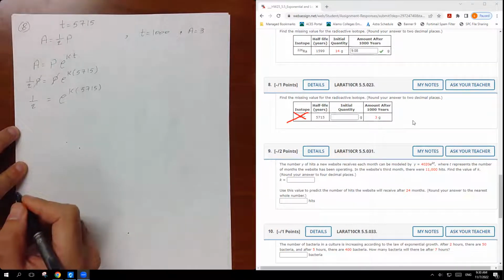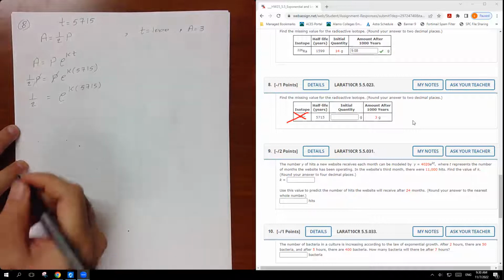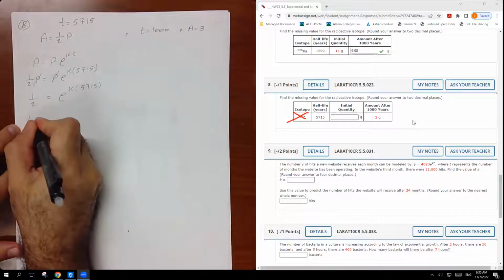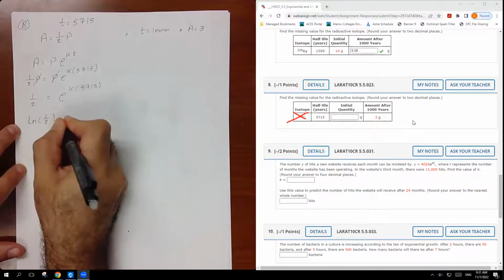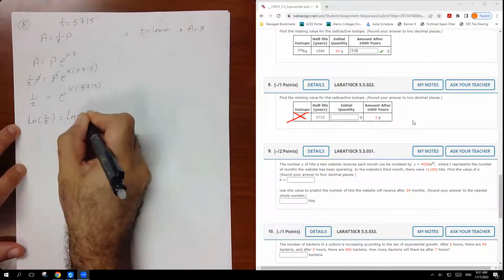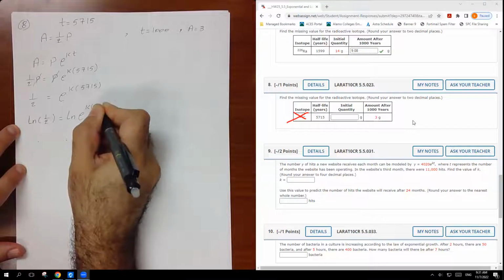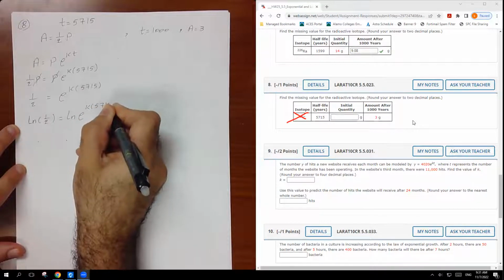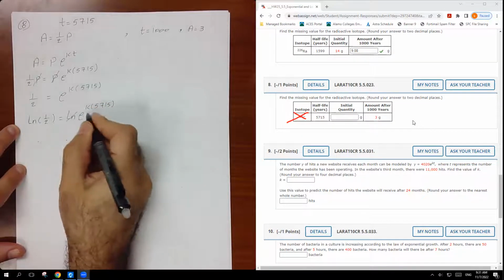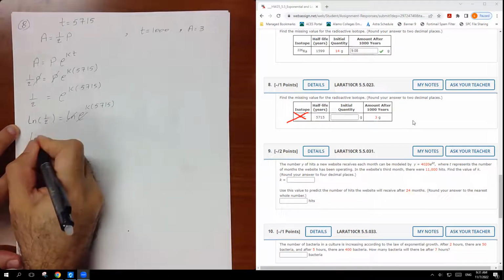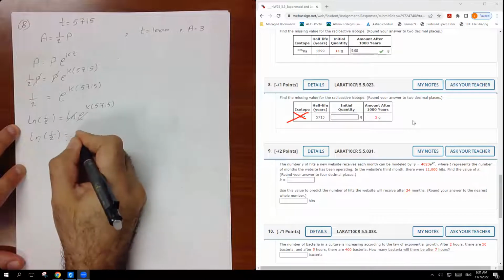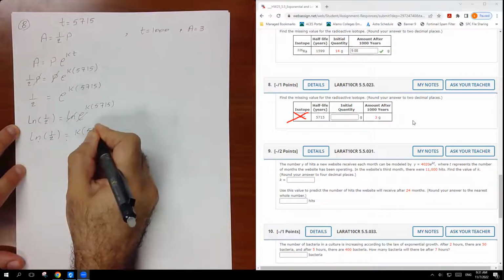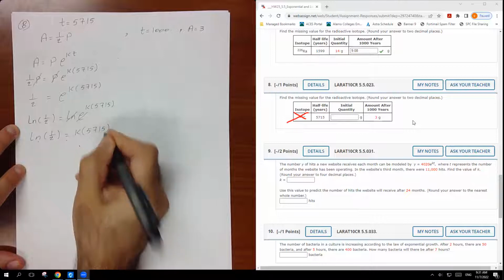Now next step, we're going to take the ln to both sides. That means ln of the half equal ln of E to the K 5715. Cancel the ln with the E. So it's going to be ln of 1/2 equal K 5715.